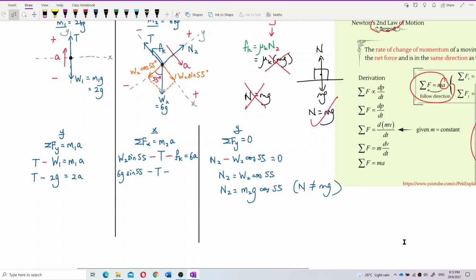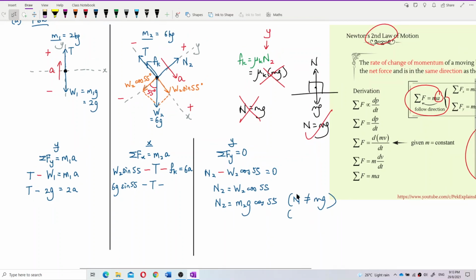This N is not mg for an inclined surface. N equals mg for a horizontal surface only. Understand? N is equal to mg only for a horizontal surface.